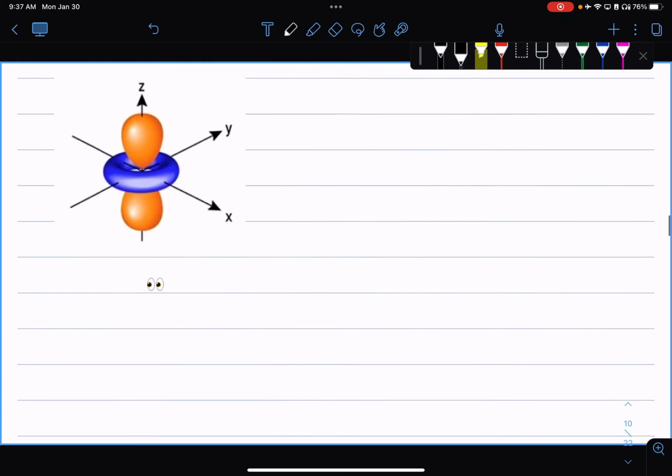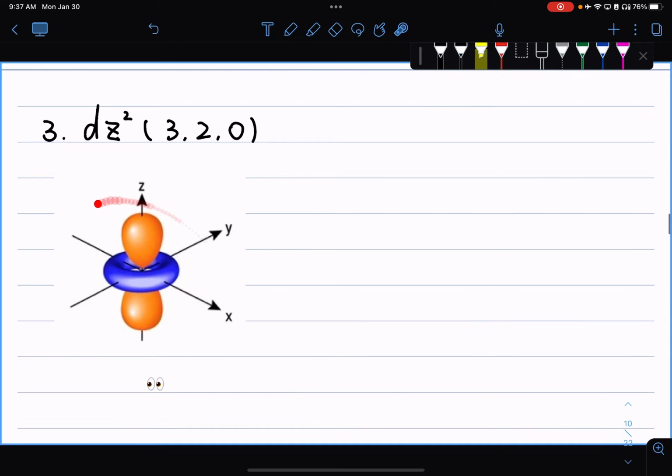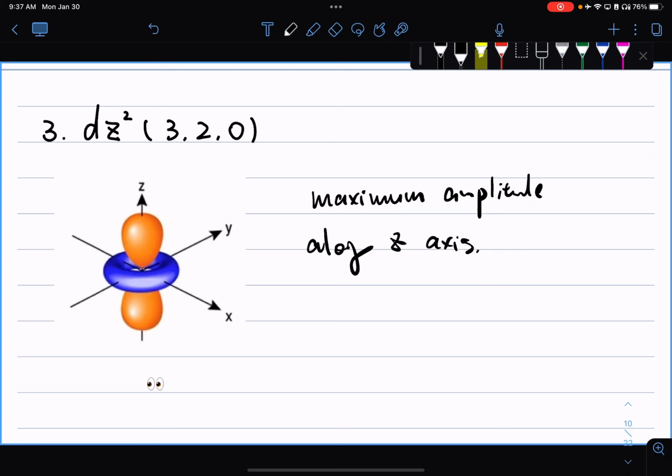All right. And then the next one, the dz squared, this one is a little bit odd because it doesn't have the normal shape you expect. So in this one, we have the maximum amplitude along the axis, and you sort of have a donut on the XY plane.